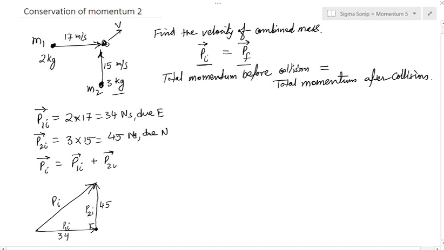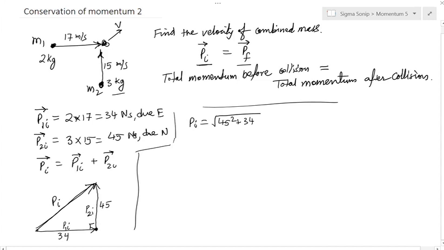Using Pythagoras theorem, we can find the length of this hypotenuse in this triangle. So Pi equals the square root of 45 squared plus 34 squared. Putting that in the calculator, we get 56.4 newton seconds.